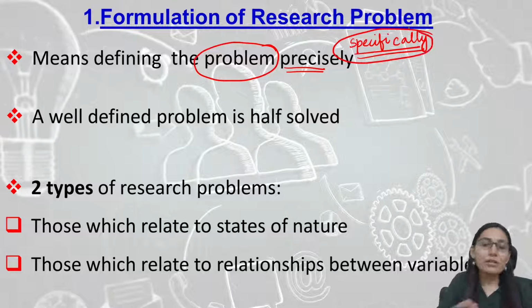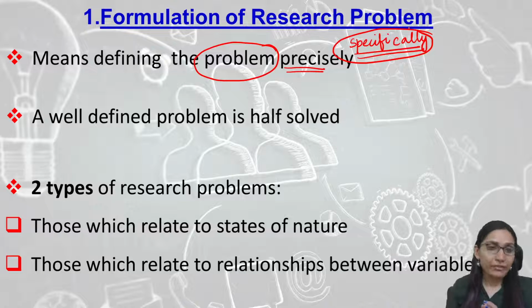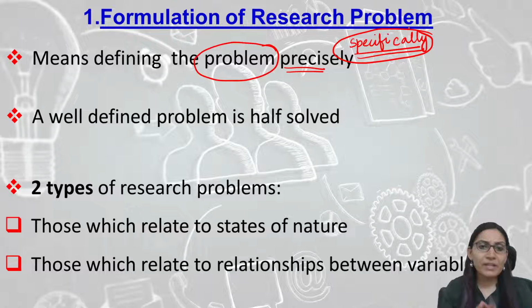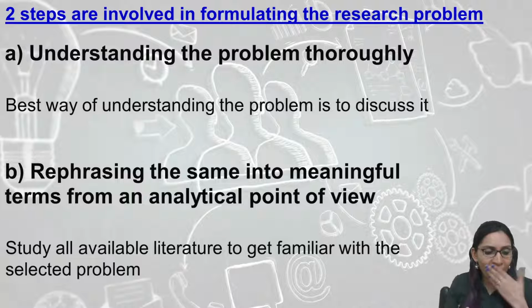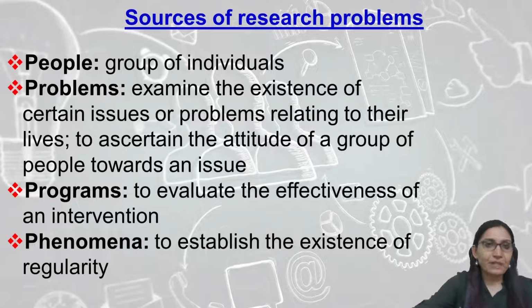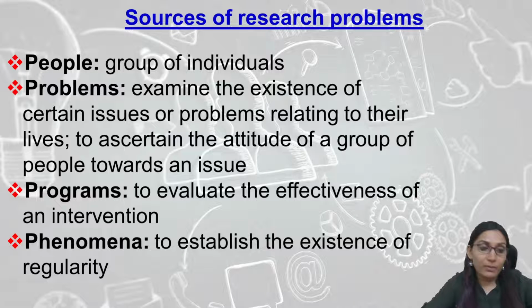Now the two types of research problems are those which relate to states of nature and those which relate to relationship between the variables. Next, the two steps involved in formulation of the research problem. Then the sources of research problem, from where you can derive or arrive at a research problem. This is the next thing.